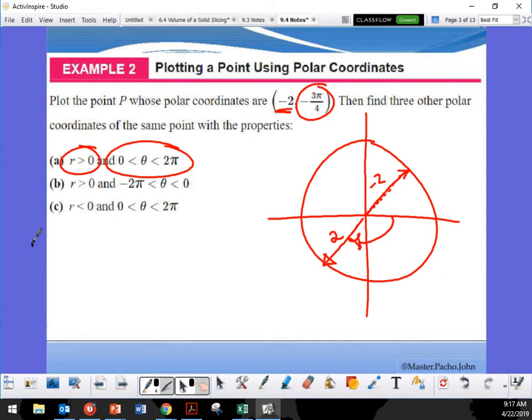Yeah, that's going to be pi over 4, and my radius here would be 2. Does that make sense? Please speak now, or forever hold your peace. Are we good? Okay.